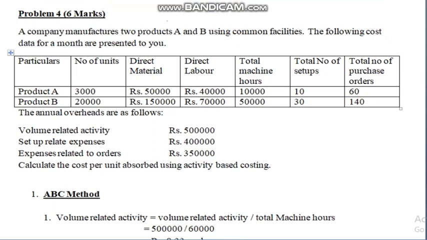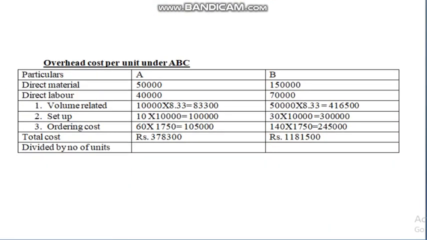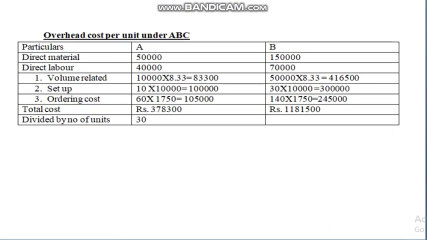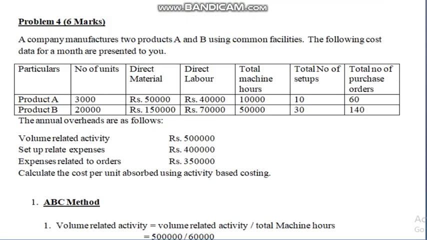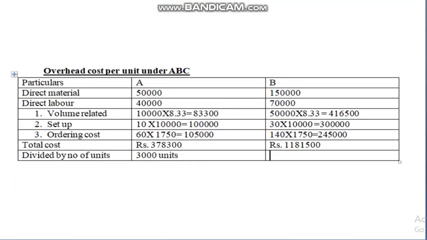The company has produced 3,000 units under product A, and under product B, the company has produced 20,000 units.